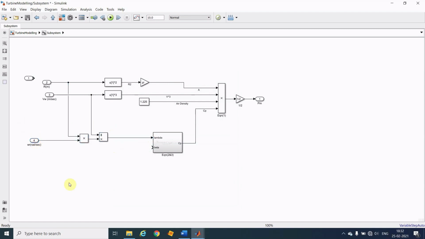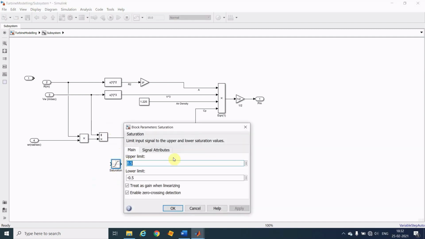But one thing we have to take care of, that this v should not become 0. If you divide by 0, then lambda will become infinite and it will make the system destroyed. So here we need a saturator as a limiting element, and here we will give 1e6 to 1e-6.